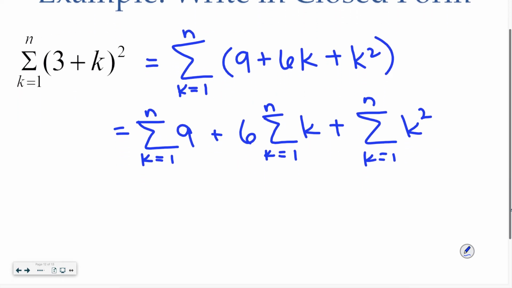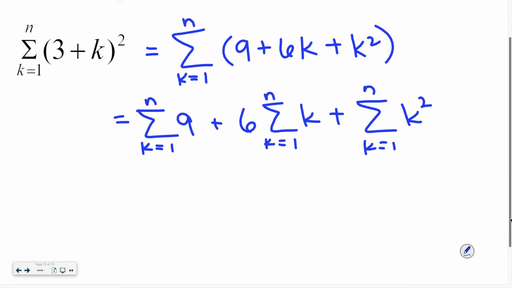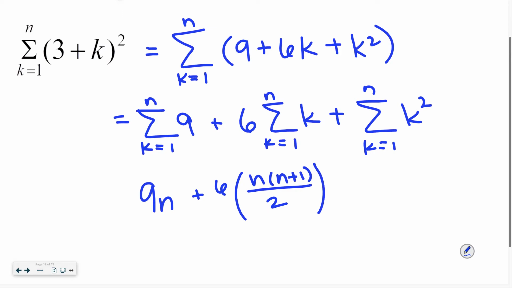Now I didn't do that with the 9 for a reason. If I'm summing from 1 to n of 9, what does that become? 9 times n. I'm going to add 9 over and over, n times. That's the definition of multiplication, repeated addition. Now here, I have 6 times the summation from 1 to n of k. So this would become n times n plus 1 over 2.